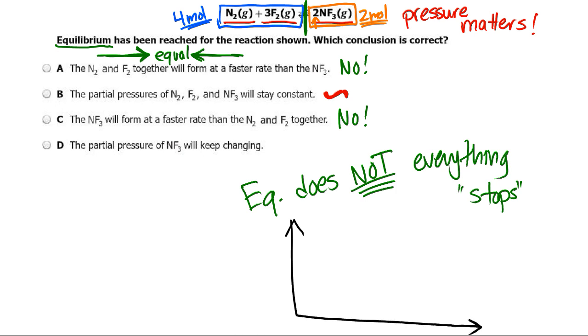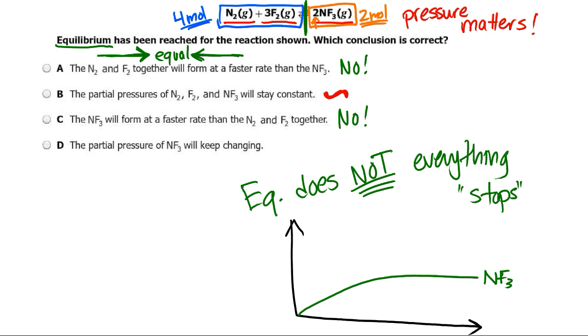So if I'm going to draw the 3 species, we're going to have no NF3 at first, and then it's going to be created. So this green line might represent nitrogen trifluoride.